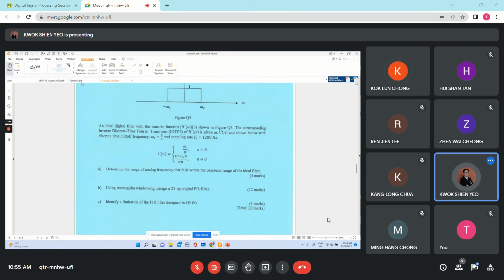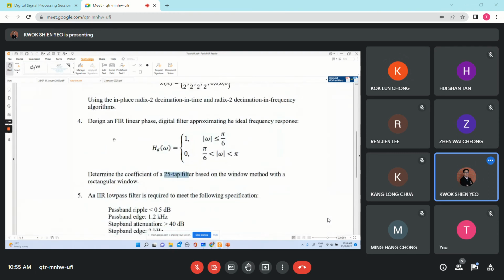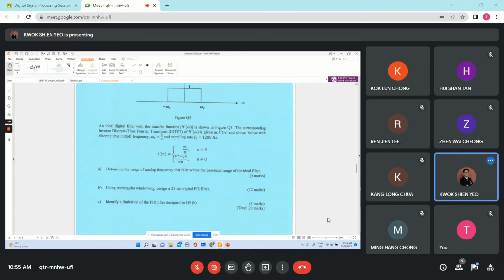Look at tutorial 4, FIR filters, 25 tap, rectangular window. So if you did tutorial 4, question 4, this one you surely can do, unless you didn't practice the tutorial.